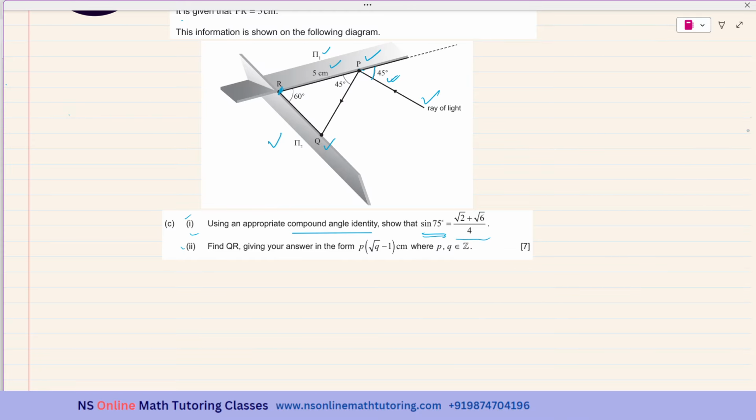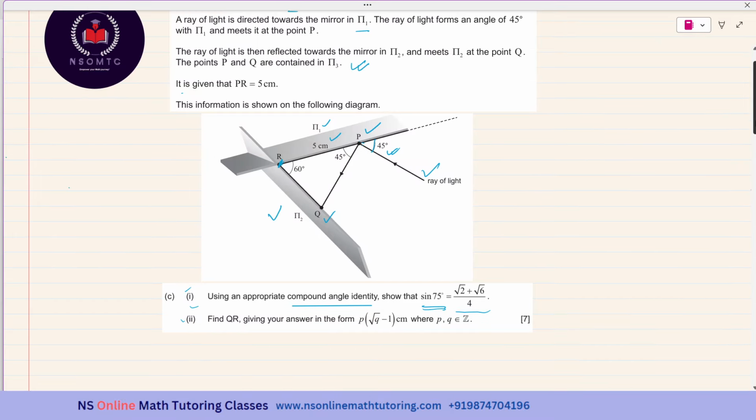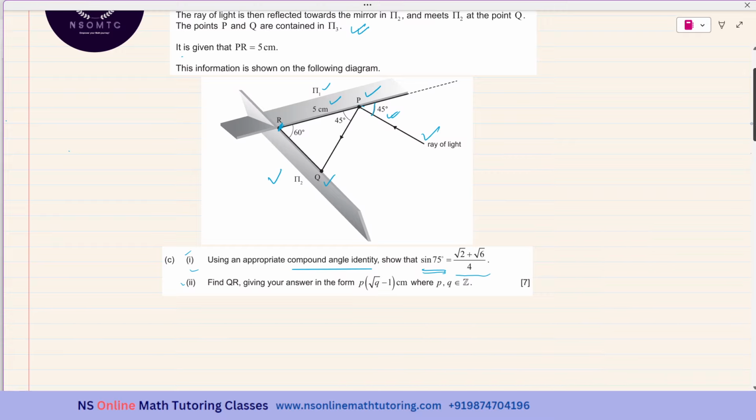Okay, compound angle identity. I can write sine 75 degrees as sine of 45 degrees plus 30 degrees, because 45 plus 30 is 75.